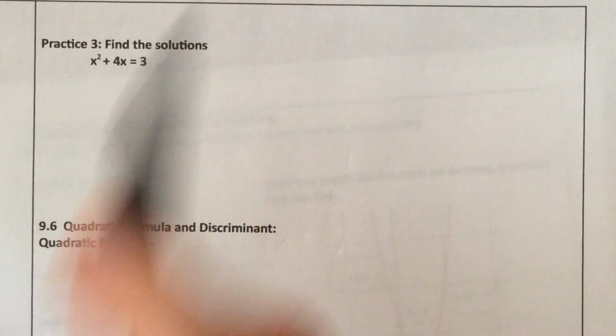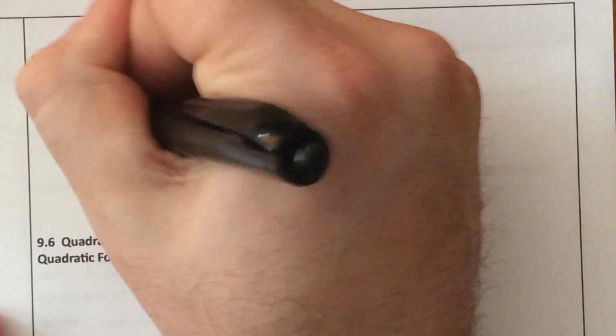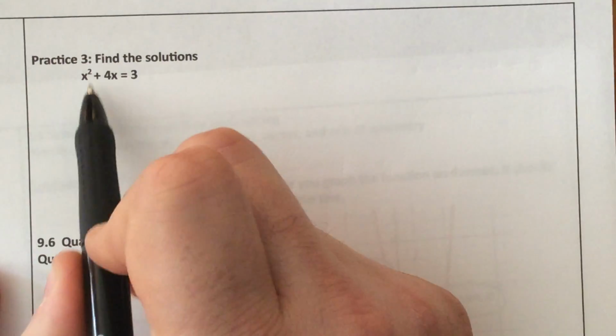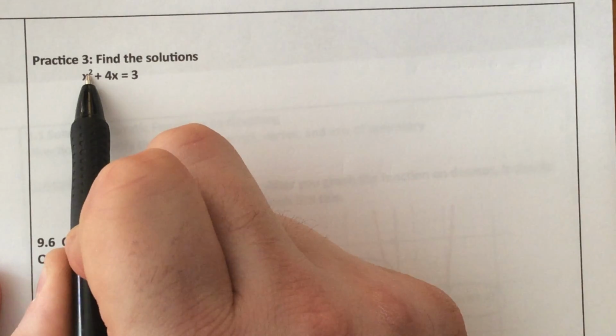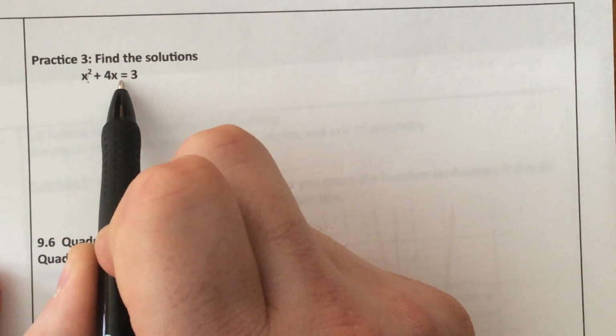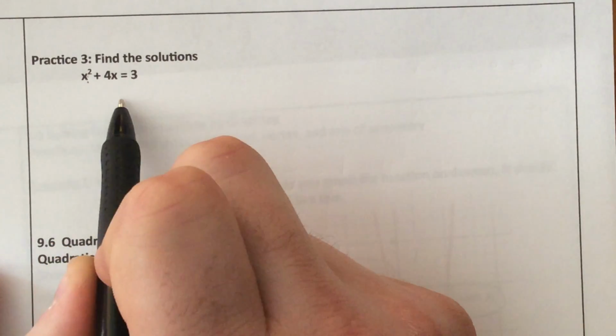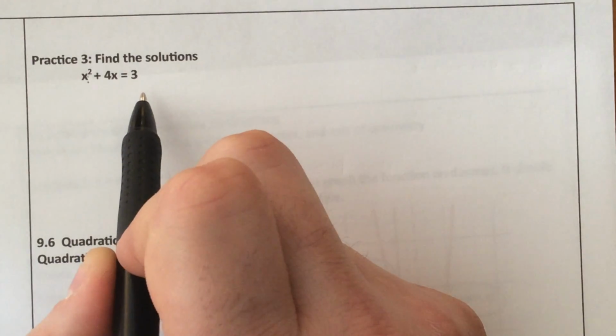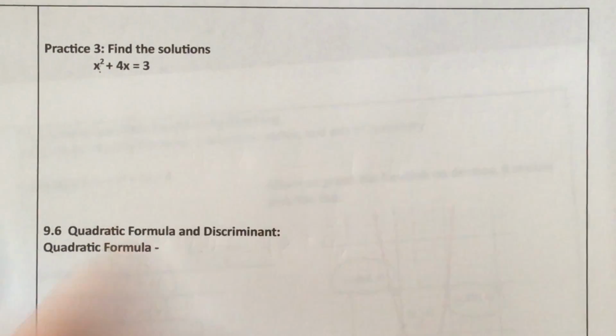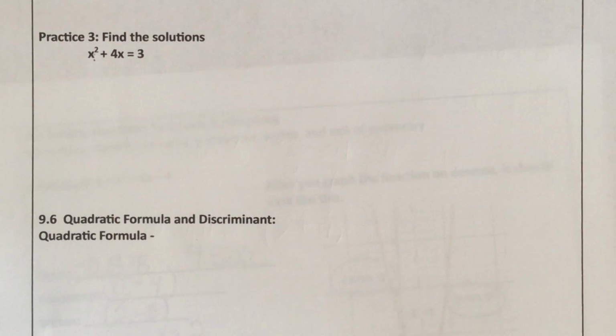So don't do it. If we're going through, okay, we have the x squared plus 4x equals 3. So my suggestion, rewrite it, leave yourself some space, and go through. So pause the video again, see how far you can get.